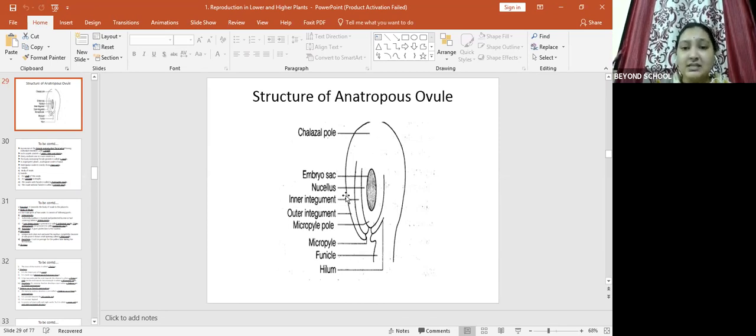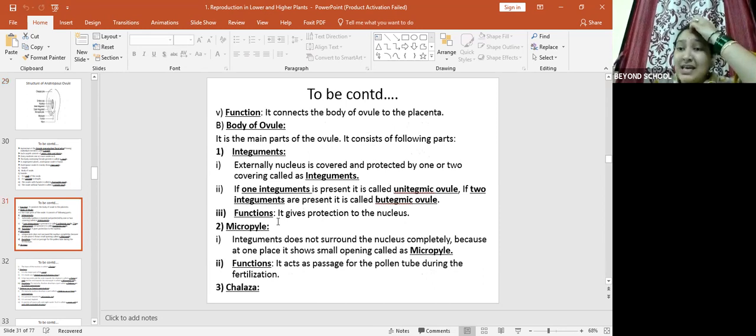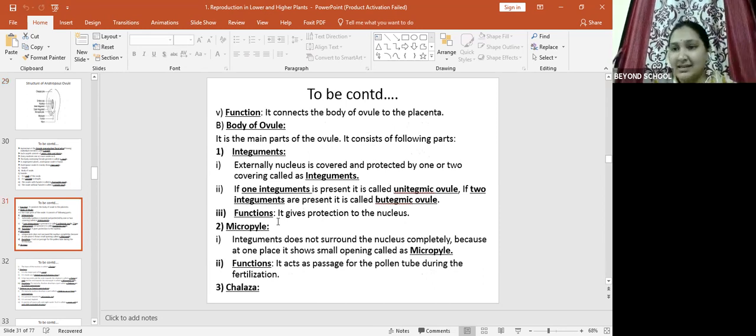And this inner integument, which is internally present and halfly surrounds, we call it the inner integument. So both the outer and inner integument are giving protective covering to the nucellus, that we call the embryo sac itself.